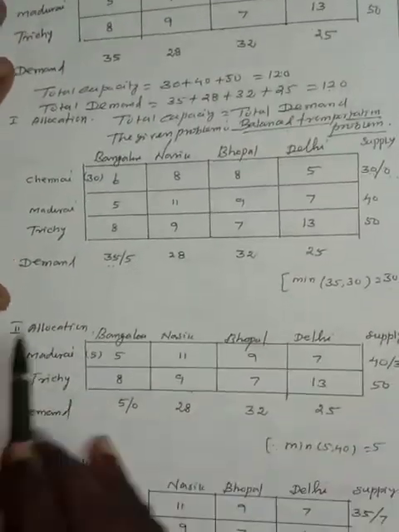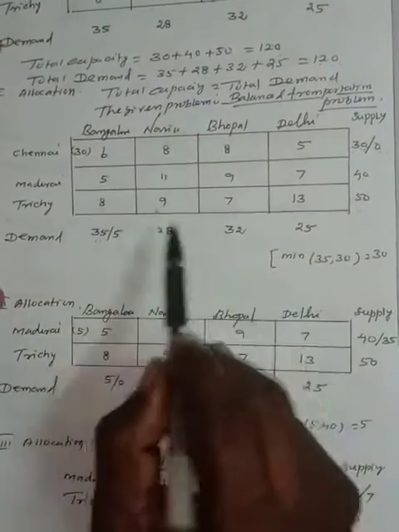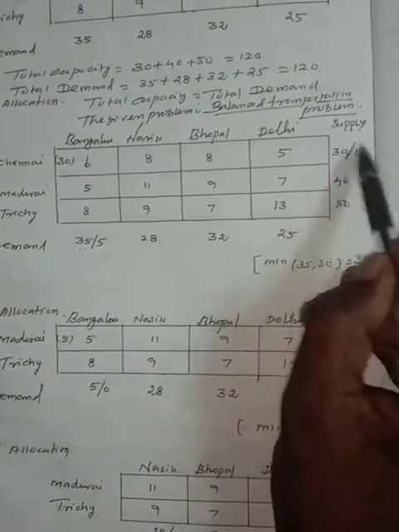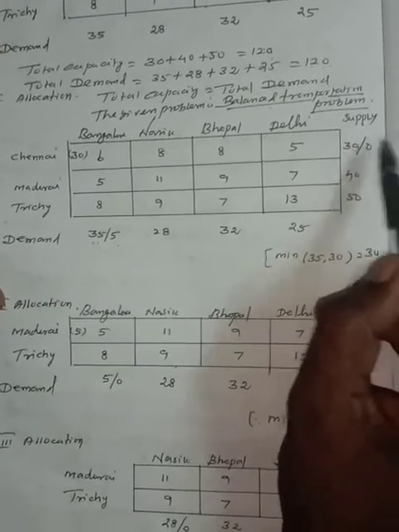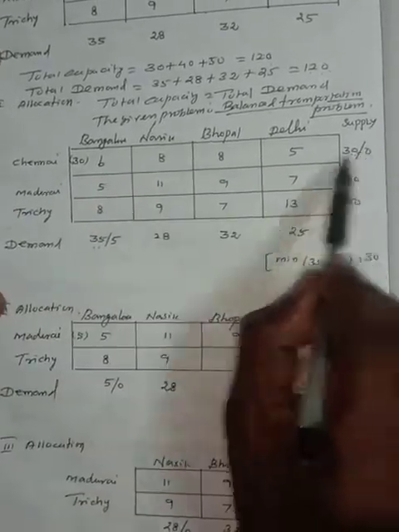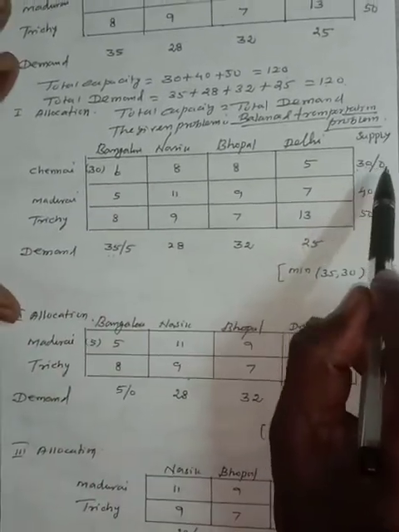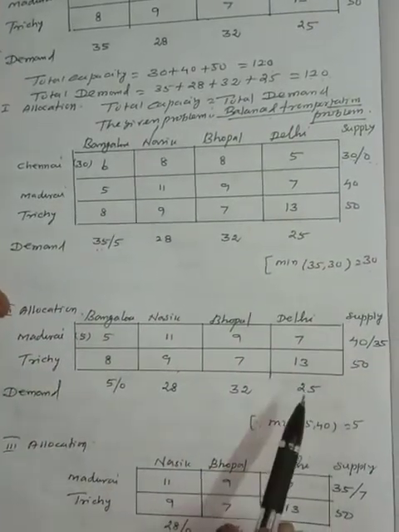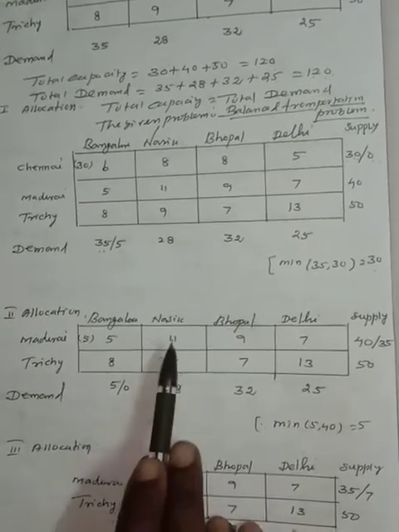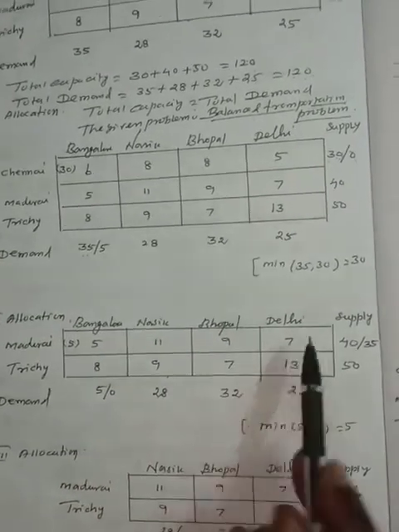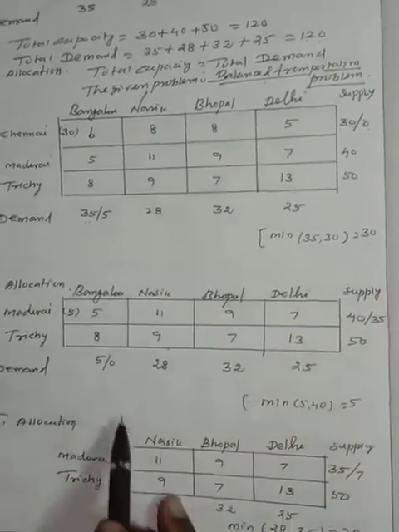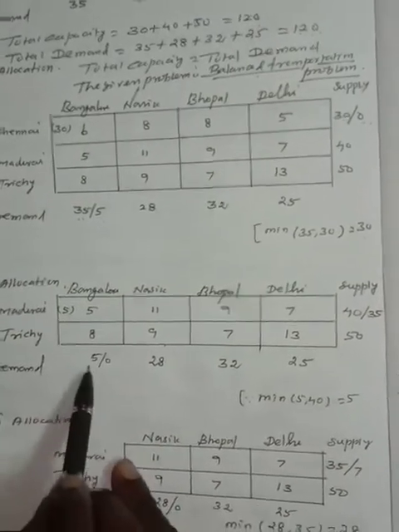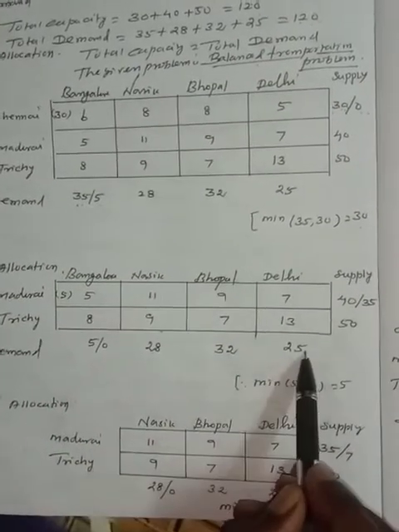Okay. Next, allocation number 2. Now 0 in the first row, so delete the Chennai row. Remaining rows Madurai and Trichy. Columns Bangalore, Nasik, Bhopal, Delhi as they are. Now demand 5, 28, 32, 25.